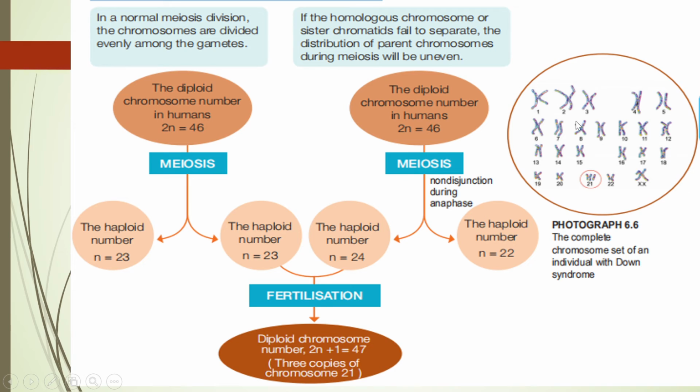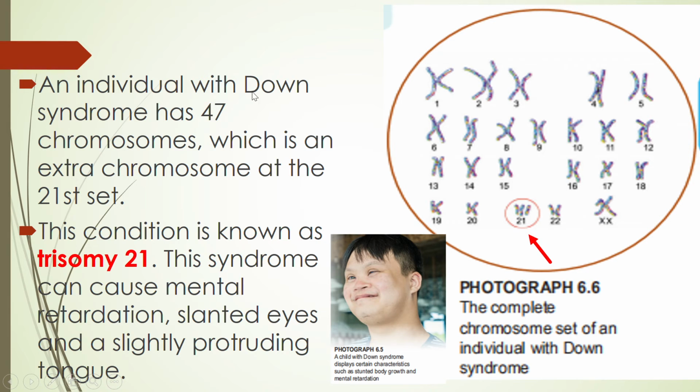We'll have the pairs only, but this one has three. So we also call it trisomy 21. This condition, an extra chromosome at the 21st set, trisomy 21, is the condition for a Down syndrome patient.